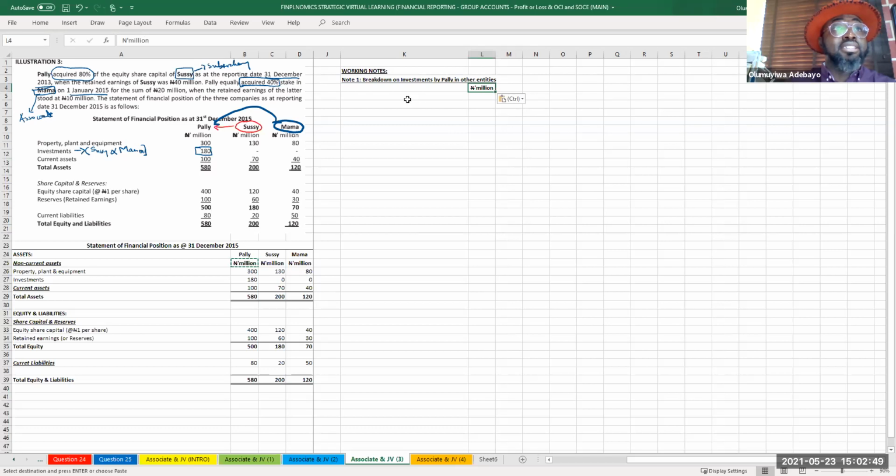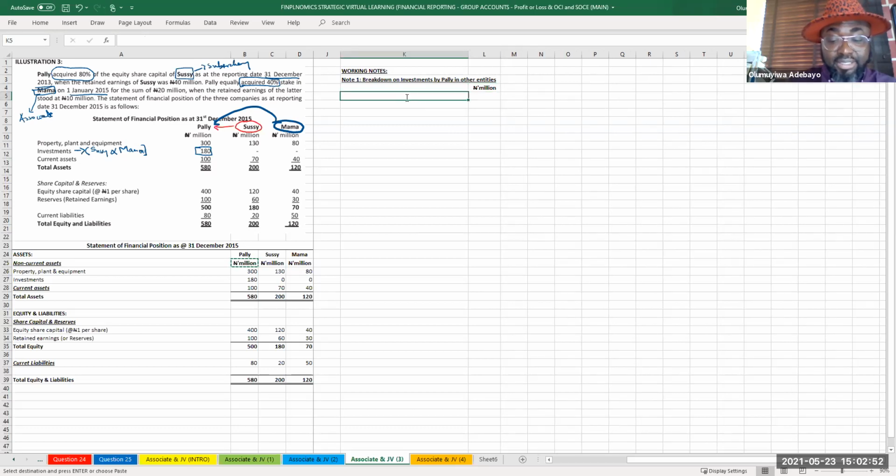And from the analysis and information provided, it has an equity investment in Suzy.